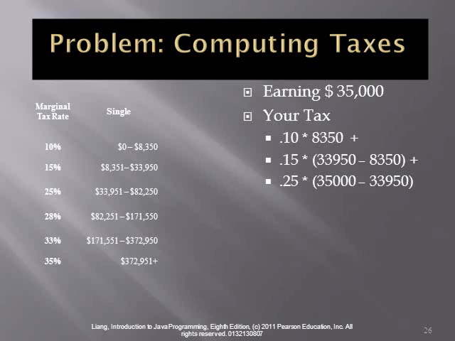So my total tax is the $835 plus the $3,840 plus the $262.50 that is added. So my tax obligation is $4,937.50.